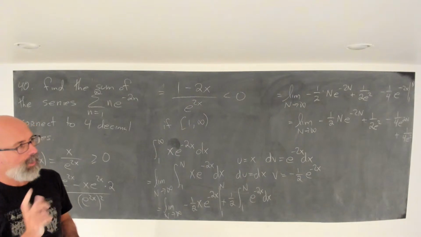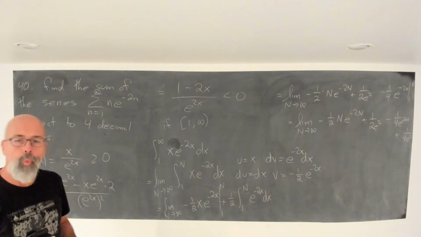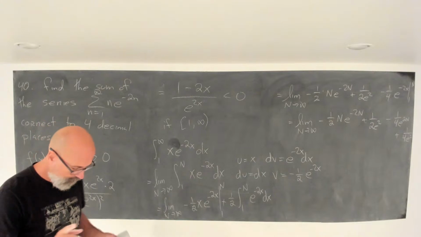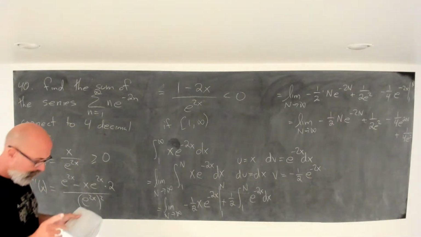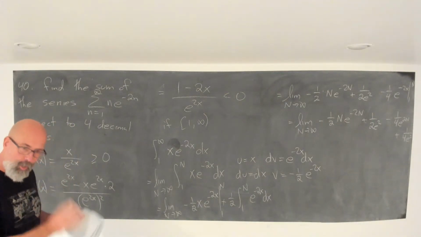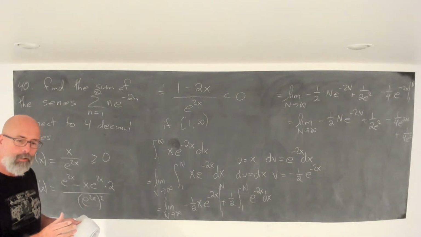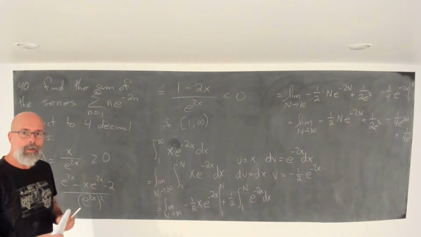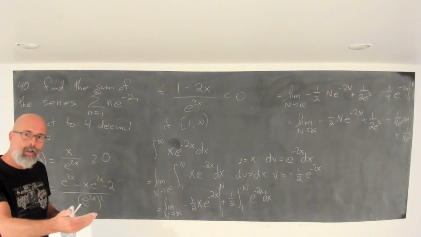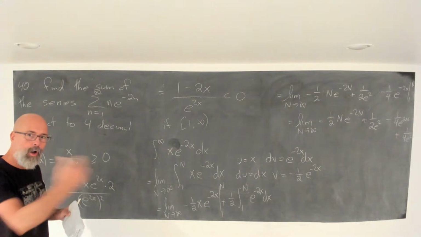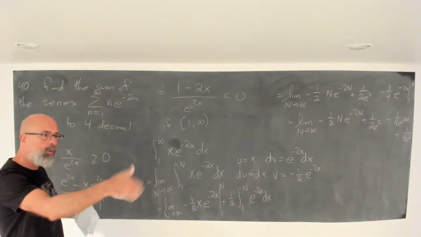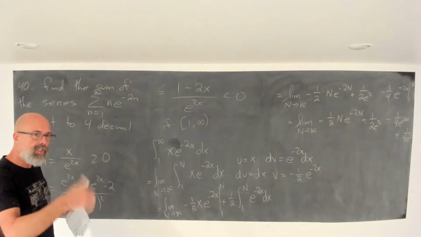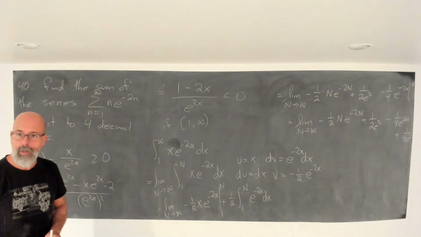You're confusing what is decreasing. The terms are decreasing. The terms you're adding are decreasing. But the sum itself, because you're always adding more and more terms that are positive, the sum itself is going to be increasing.